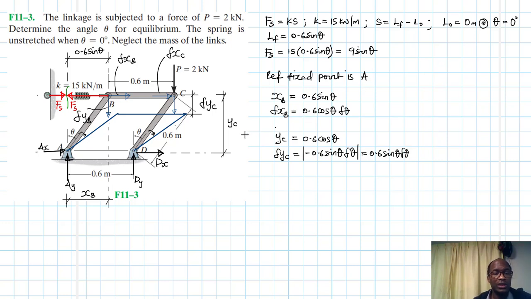So what we just need now is the virtual work equation, so that we plug in all these particular virtual displacements with their respective forces. Okay, so we know del u is supposed to be equal to 0.